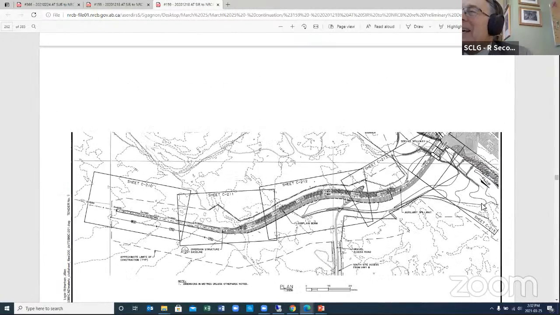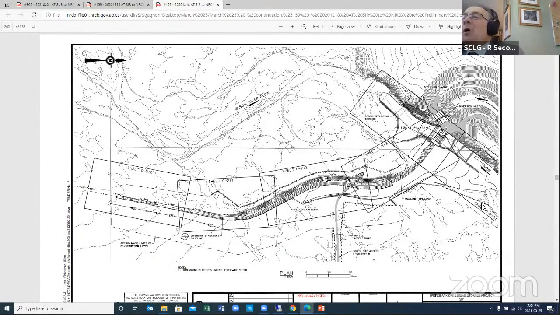Sorry. Great, thank you. So we have the Elbow River basically running through the top portion of this figure, correct? Yep, that's correct. And we have the river hitting the debris deflection barrier.